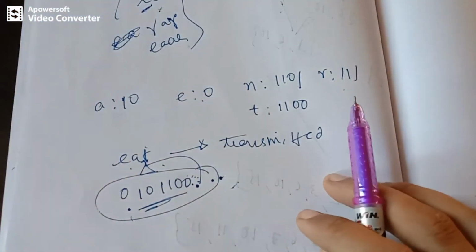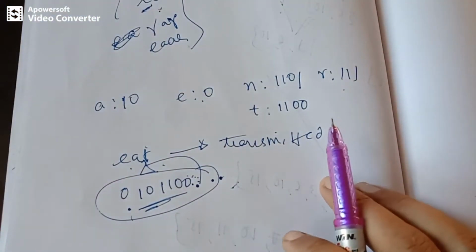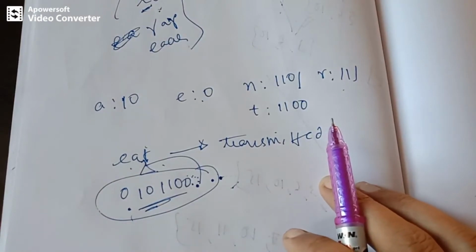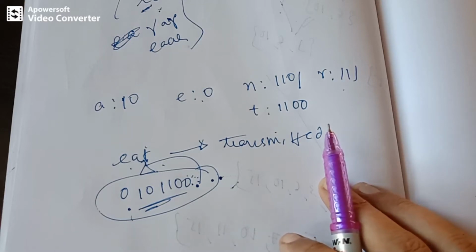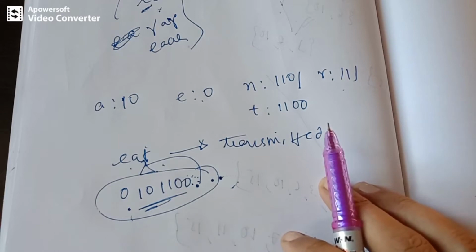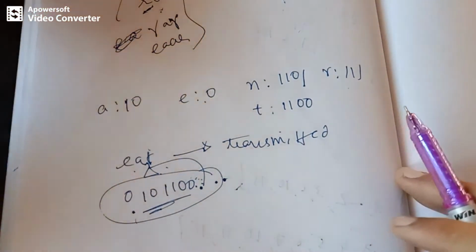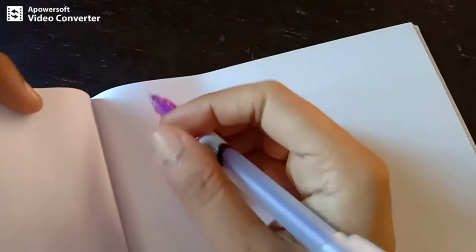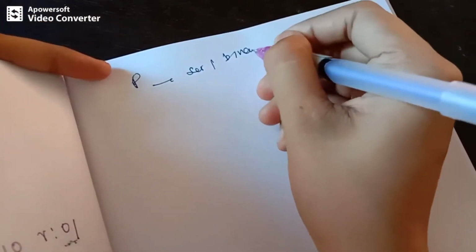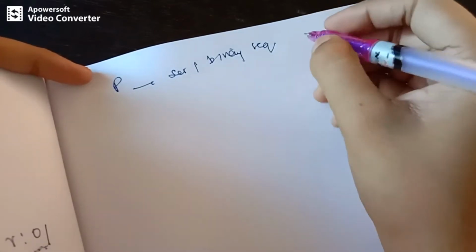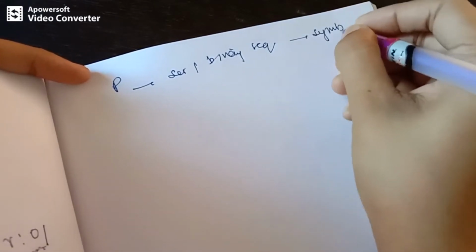Okay, so now we'll see about the prefix code, the concept of prefix code. So let's say P is the set of binary sequences that represent the symbols.